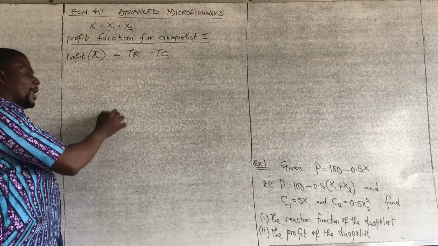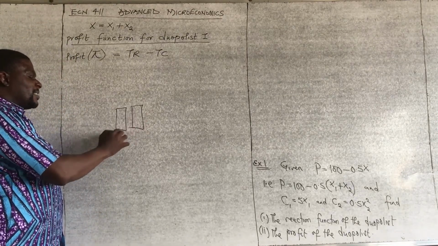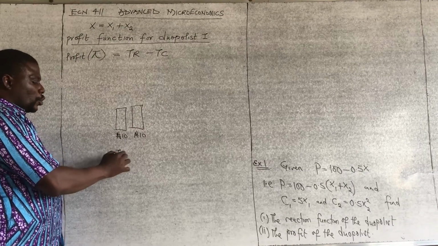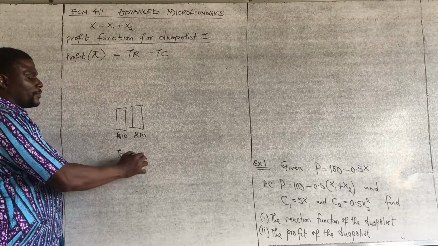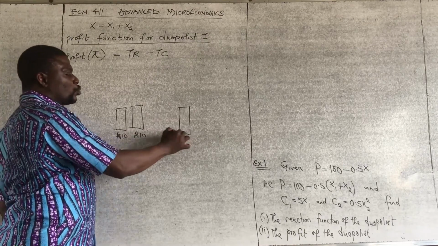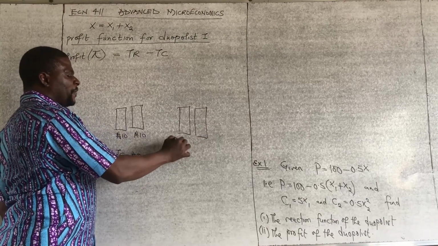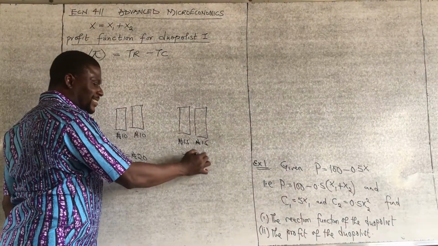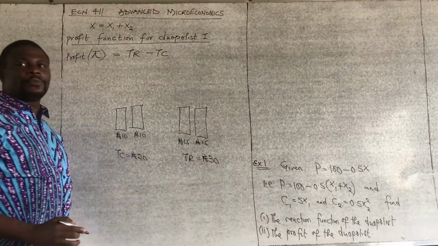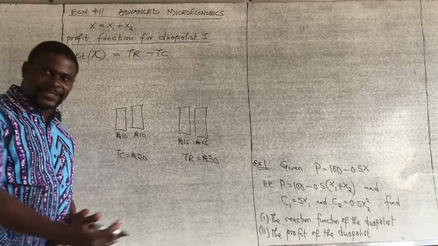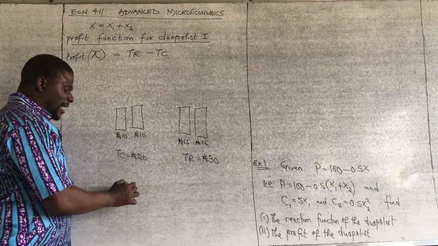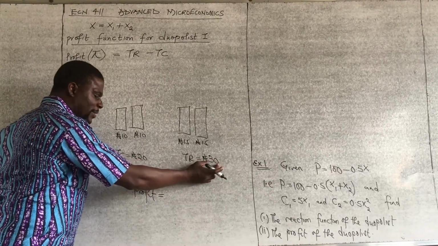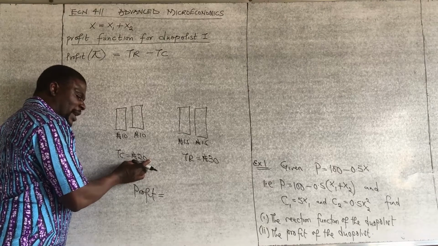If you buy 2 gallons and they sell each for 10 naira, your total cost is 20 naira. Now if you sell the 2 gallons for 15 naira each, your total revenue is 30 naira. Revenue means the total money you got when you sell the thing. Then from here you can get your profit. You sold everything for 30 naira, you bought everything for 20 naira.